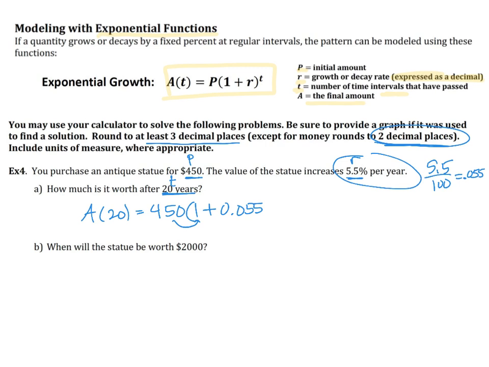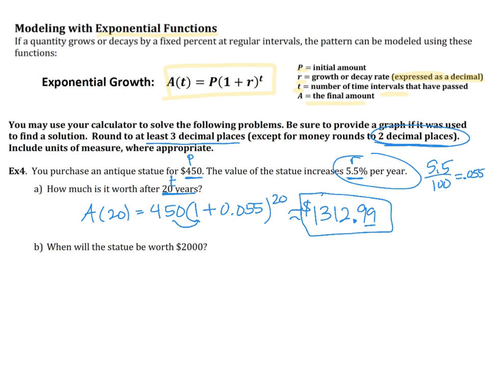So we put that in here, and then we raise that to the 20th power. So if you plug all of that into your calculator, you should get $1,312.99. So I need the dollar sign, I need to round to 2 decimal places, that's it.